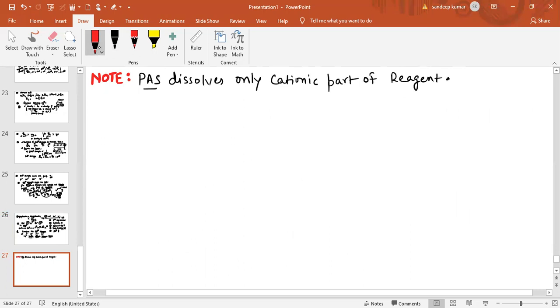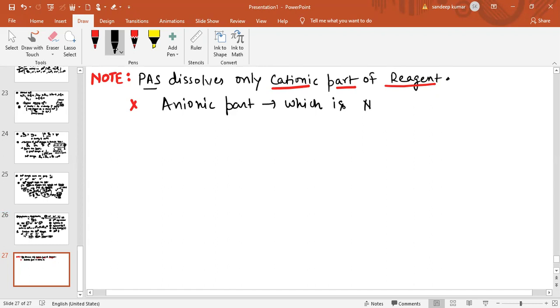It means in polar aprotic solvent the anionic part, which is the nucleophile, is free to attack.